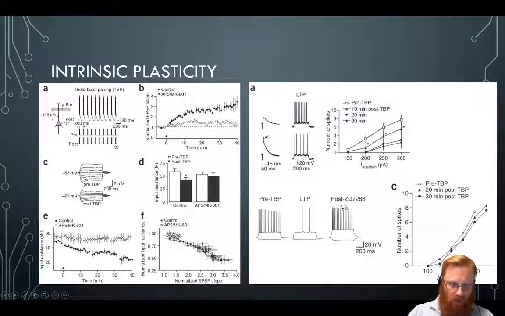But when they apply this drug ZD7288, which blocks an ion channel called IH, then they go back to baseline. So what they show in the rest of this paper is that this form of theta burst pairing, while inducing synaptic plasticity, also changes the behavior of the cell by inserting these IH channels.